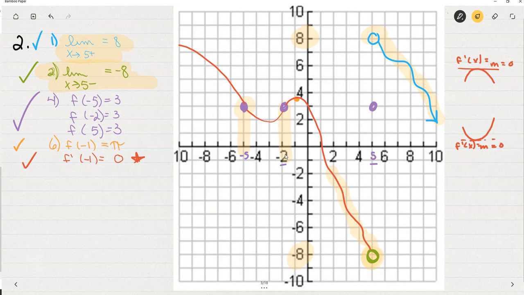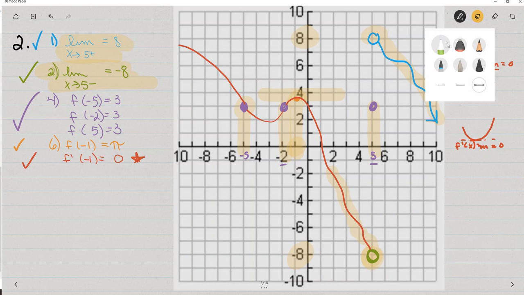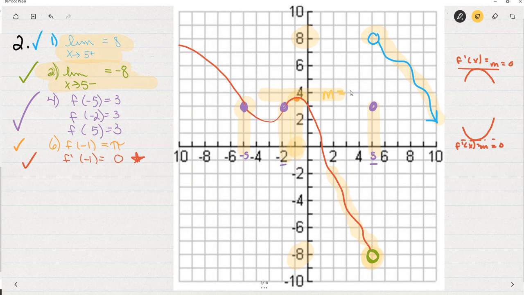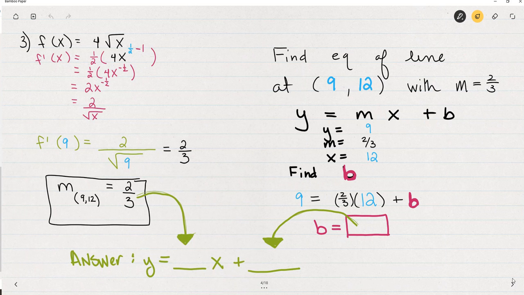When x is -2, it's 3. When x is +5, it's 3. The value of the function when x is -1 is equal to pi. And then this derivative at -1 is 0. The slope of the line tangent at that point is 0. And that does it. That gives us the graph with each of those different characteristics.